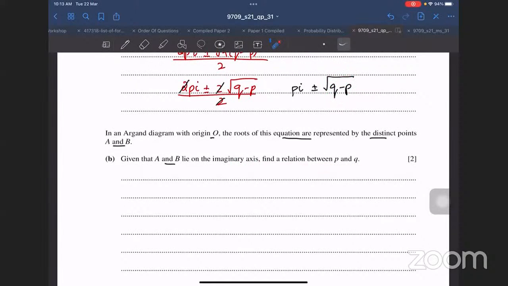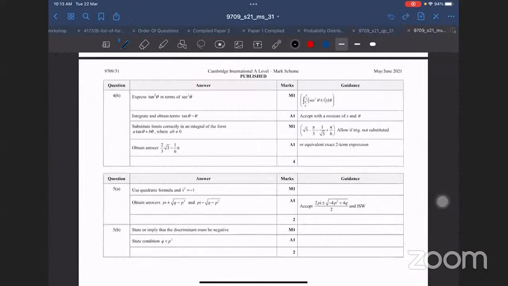Find a relationship between P and Q. So can I simply go on and say that if the entire thing is an imaginary number, then q minus p should be less than or equal to 0?